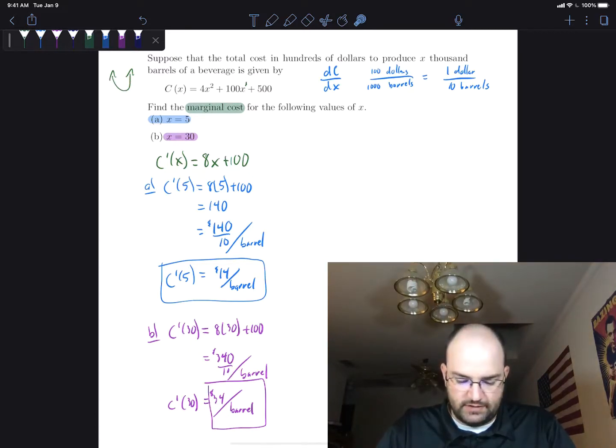So at x = 30, the marginal cost would be $34 per barrel. At x = 5, marginal cost is $14 per barrel. Notice that the marginal cost increases significantly as you're increasing your x. So this is one reason why, if your cost function is in the form of a quadratic like this, it's best to stay near your vertex here, because you're really getting increasing costs on both sides.